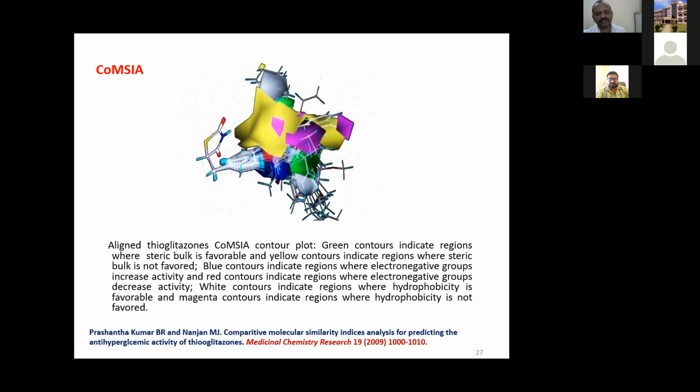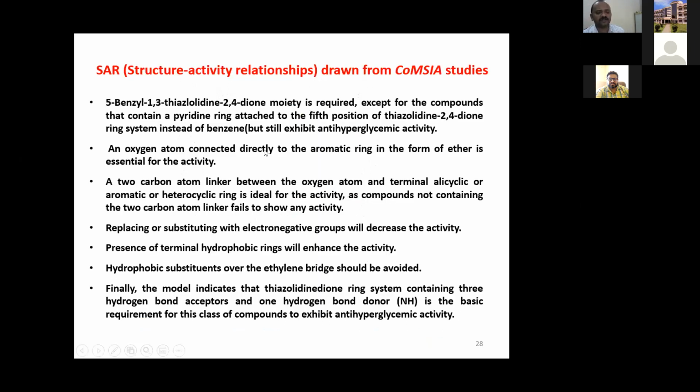So your role comes into the picture here. You should actively take an interest, and with your patience, you have to dissect this contour map, and you have to write the structure activity relationships line by line. You have to draw the structure activity relationships for the set of molecules you have worked on. So this is how we write the structure activity relationships.